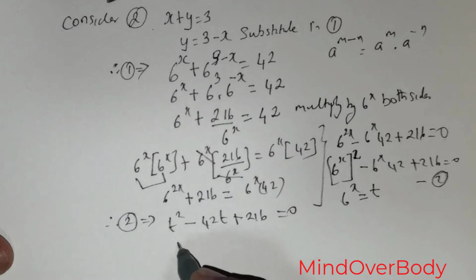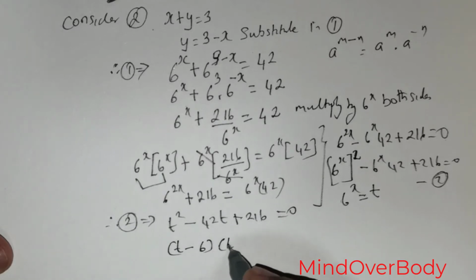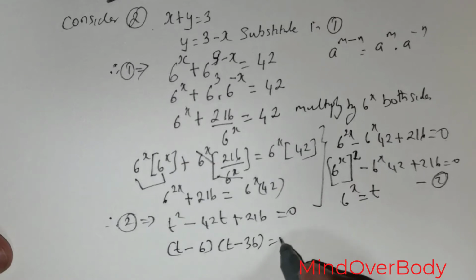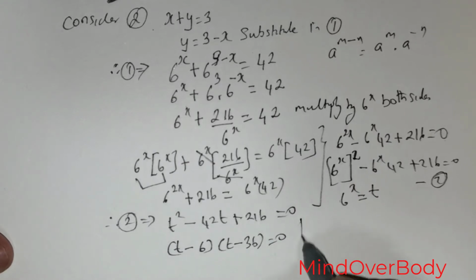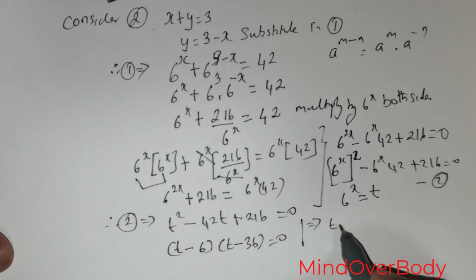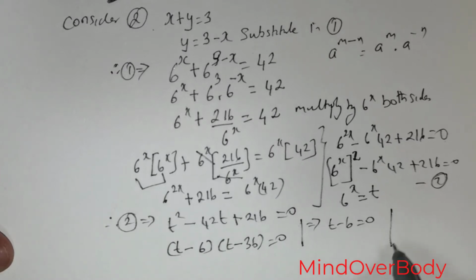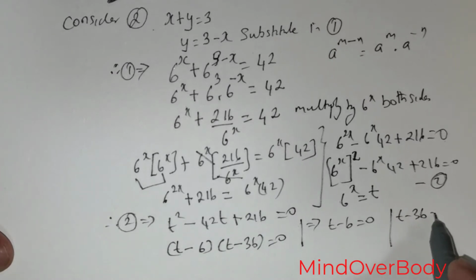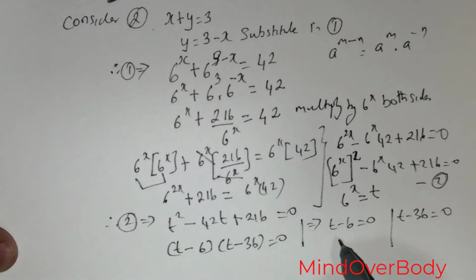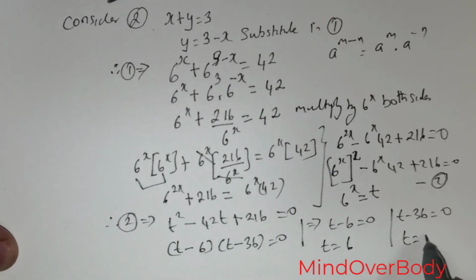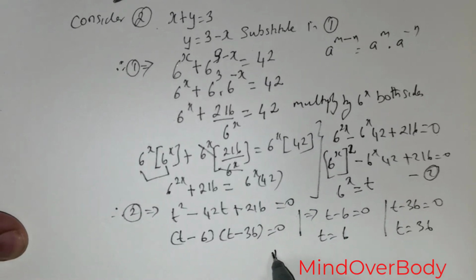So factorizing, we would get t minus 6 times t minus 36 is equal to 0. So from here we get t minus 6 is equal to 0 or t minus 36 is equal to 0. We can rewrite this as t is equal to 6 and this as t is equal to 36. As I mentioned to you, the value of t is 6 raised to the power x, right?